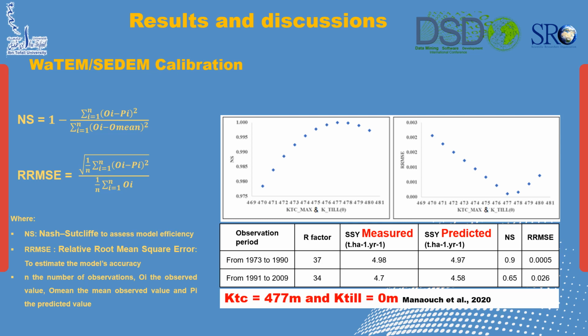For estimating the model efficiency, we used the Nash and Sutcliffe equation. And for estimating the model's accuracy, we used the relative root mean square error. This figure illustrates the calibration procedure.